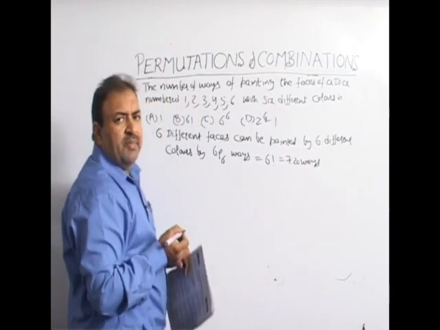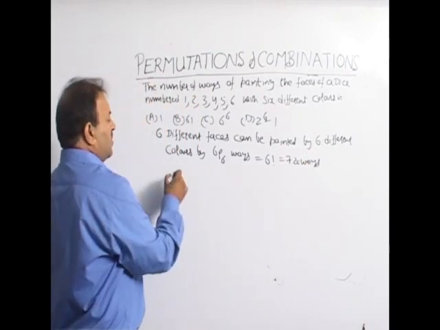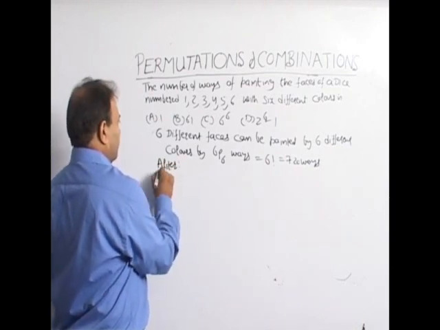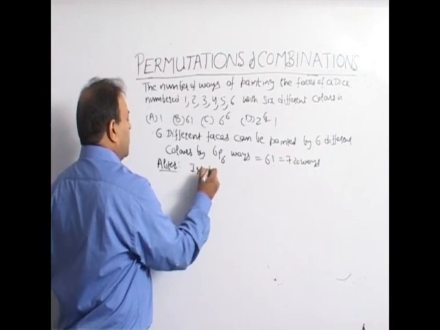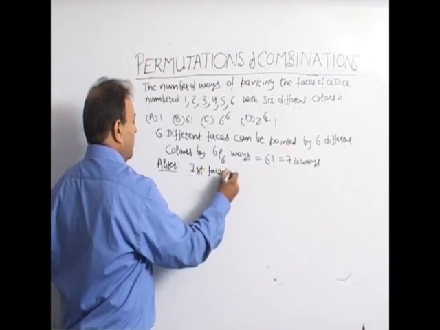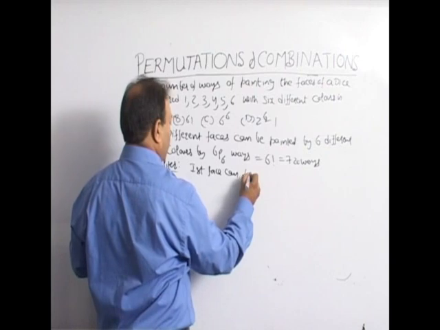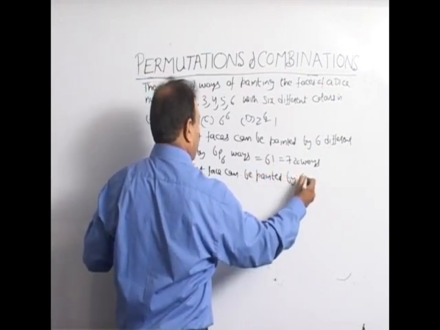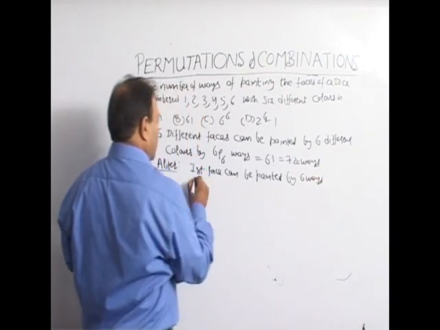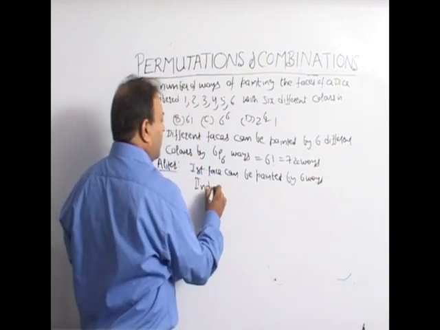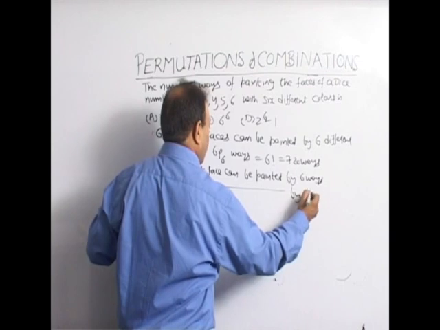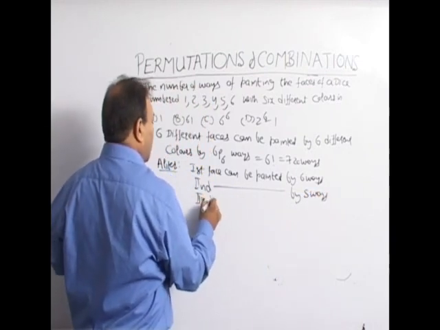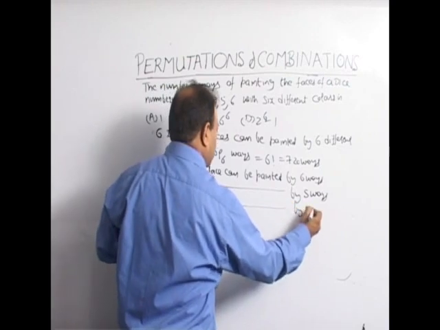Now this question can be done by the fundamental principle of counting also. Another method is: the first face can be painted in six ways. The second face can be painted in 5 ways. The third face in 4 ways.